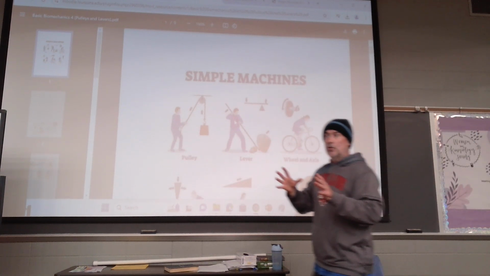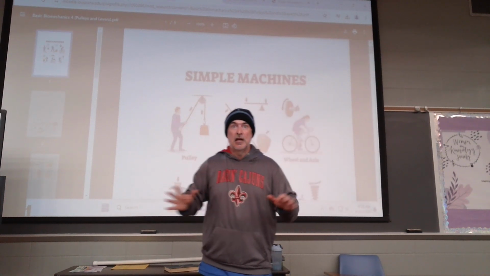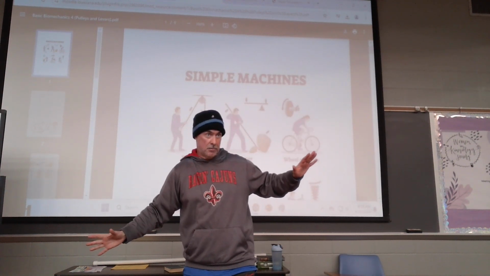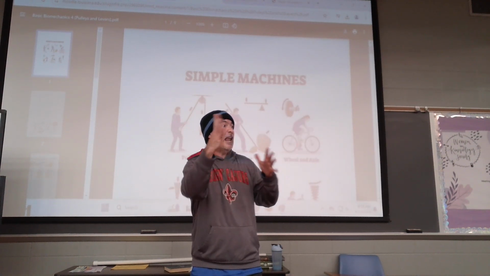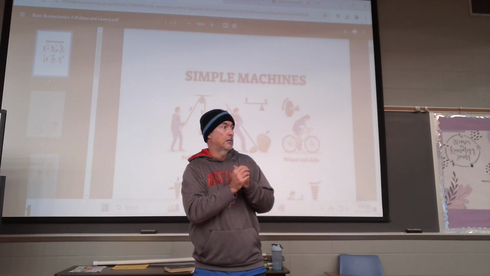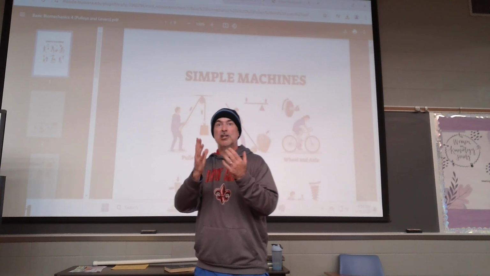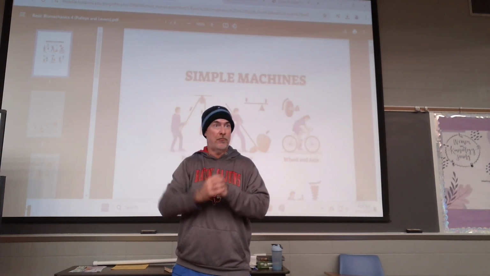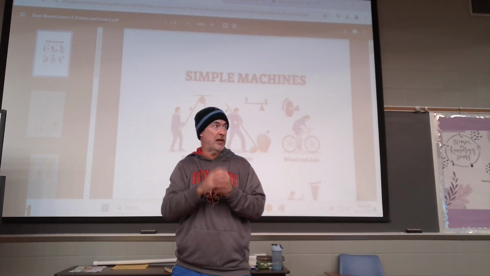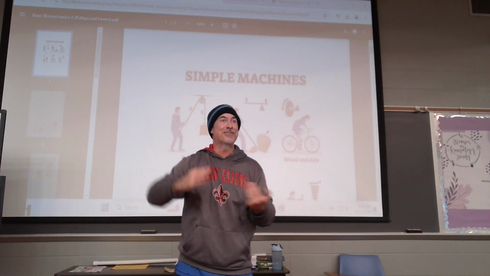On the test, it's all going to be function, purpose. If you're trying to balance, first-class arrangements are great for that. If you're trying to change the direction of applied force, first-class arrangements are great for that. You pull one end down, the other end goes up.